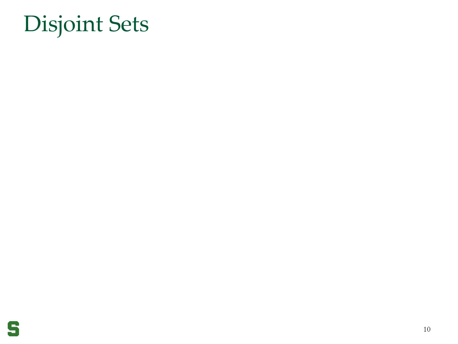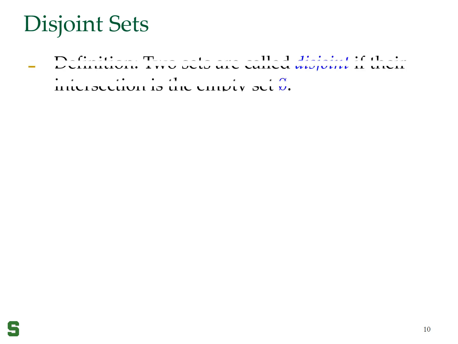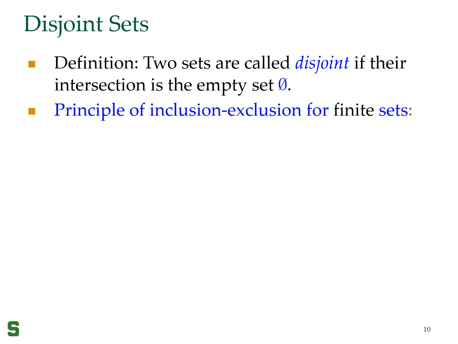We can extend the intersection operation to define the notion of disjoint sets. Two sets are disjoint if they have nothing in common. That means their intersection is the empty set. Now, one thing we can say in this context is the principle of inclusion and exclusion for finite sets.